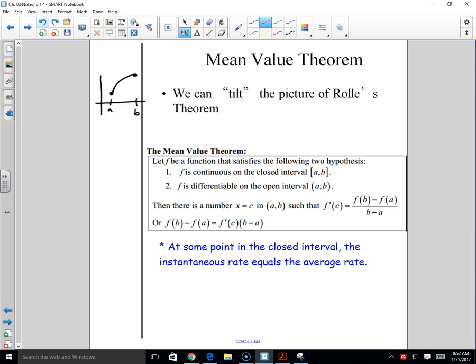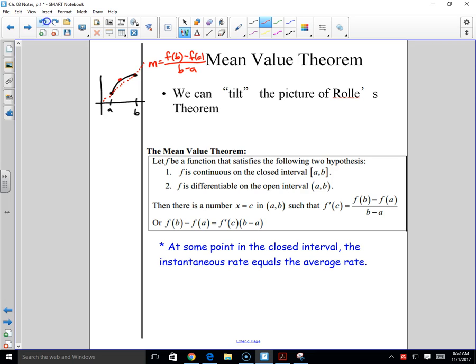If it doesn't roll flat, f of a does not equal f of b, so number 3 is missing. The other two are exactly the same. But if it doesn't roll flat, what I can say is whatever that slope would be, y2 minus y1 over x2 minus x1, or the average slope, f of b minus f of a over b minus a, is going to have a place where the derivative equals that slope instead.